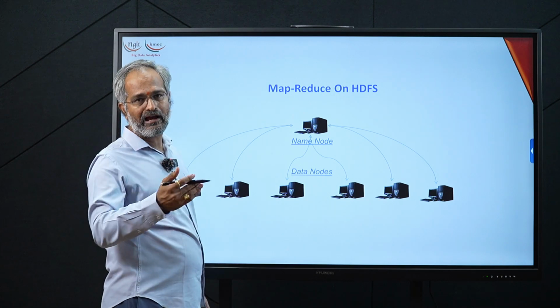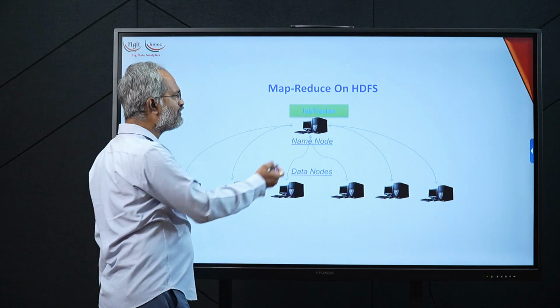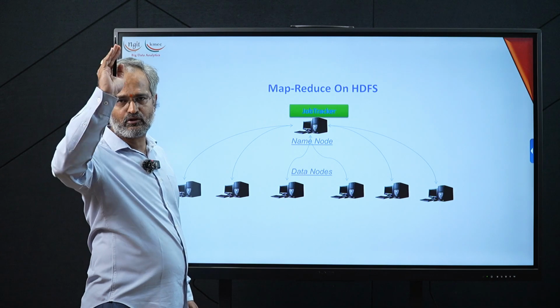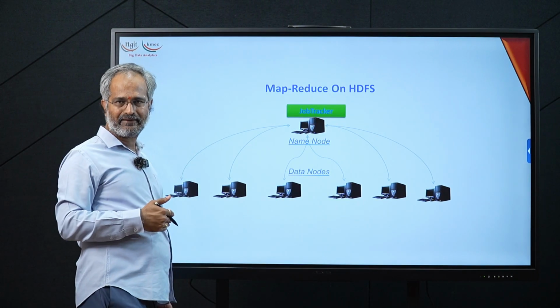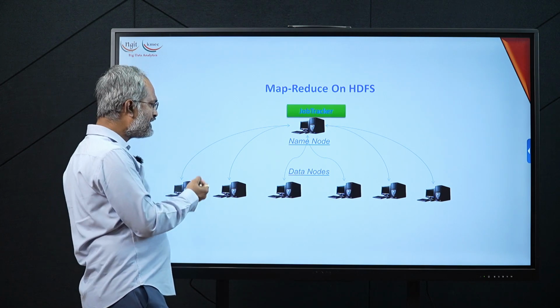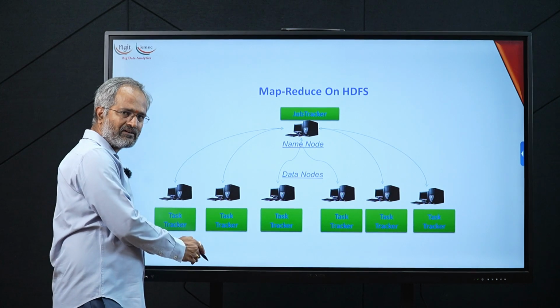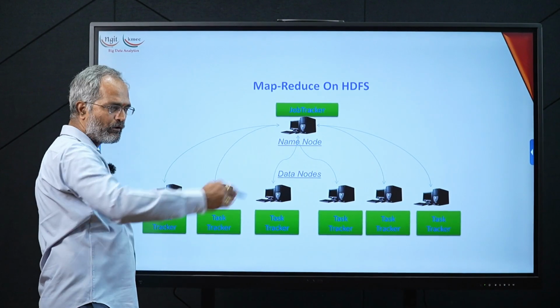And here also we have 2, job tracker and task tracker. So the job tracker, generally we can place that on the name node, but there is no restriction that you have to place it only on the name node. You can place the job tracker on some other place also, right? And generally the data is available on the data nodes. Because of that reason, the task trackers can be installed on the data nodes.